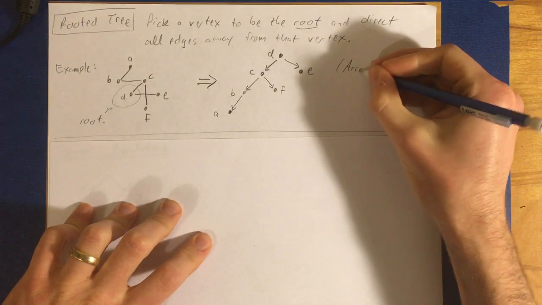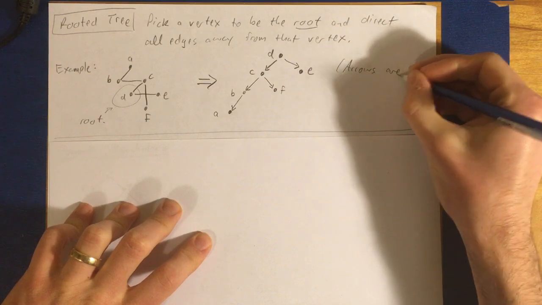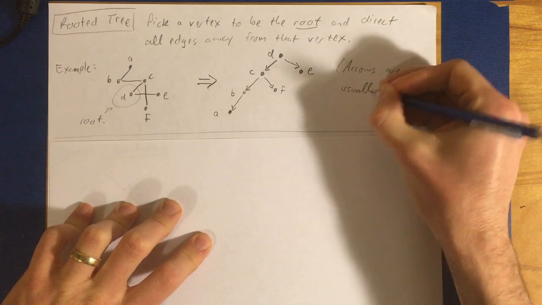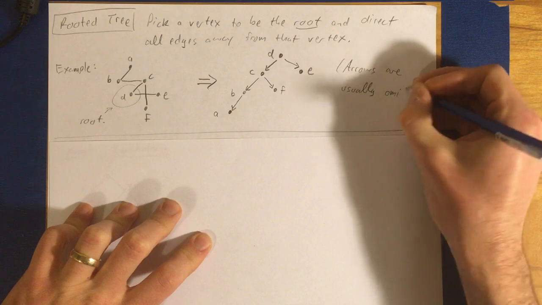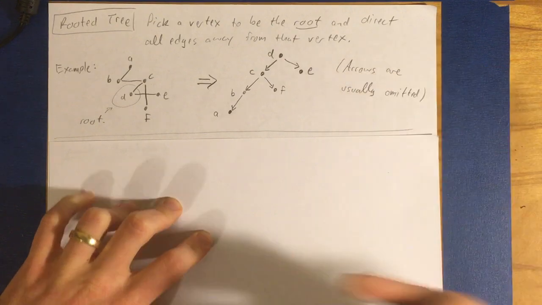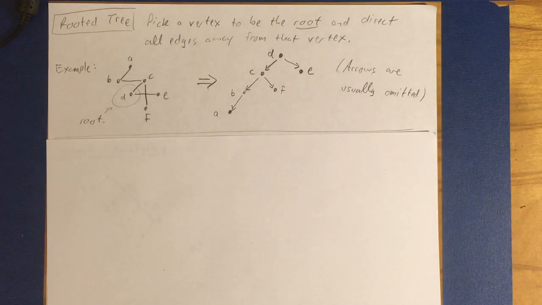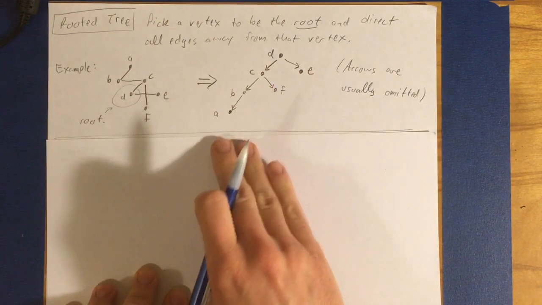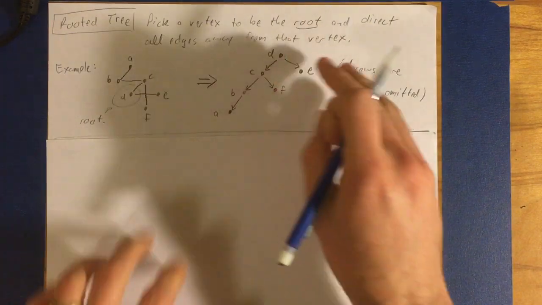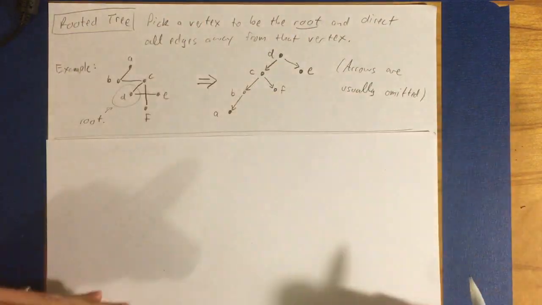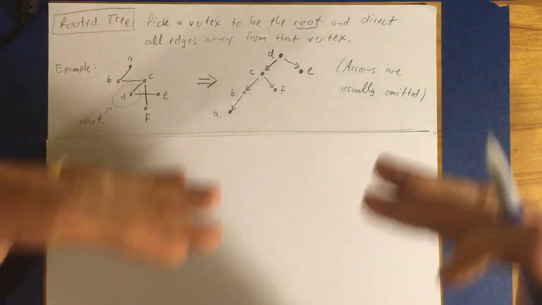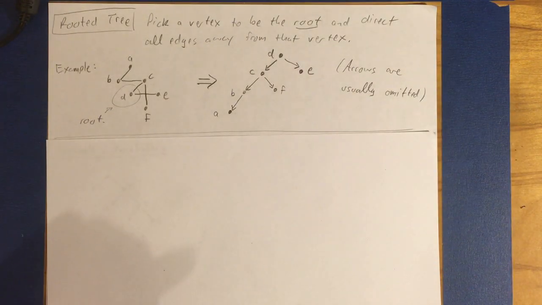However, arrows are usually omitted, since the direction of those arrows is implied by which vertex you chose as the root. So the arrows are omitted because they're unnecessary. But we do usually represent a tree in this structure with this sort of downward cascading structure, and we arrange those vertices onto levels, which I'll define in a moment.